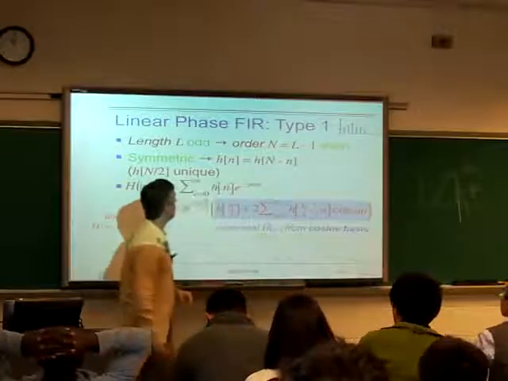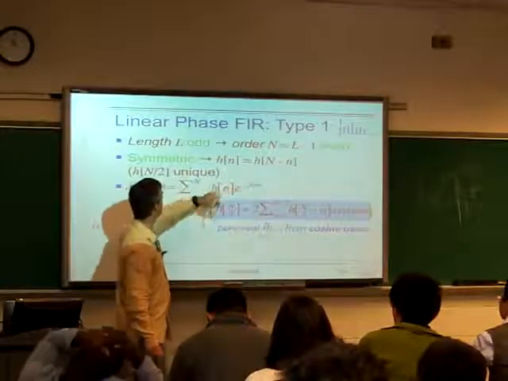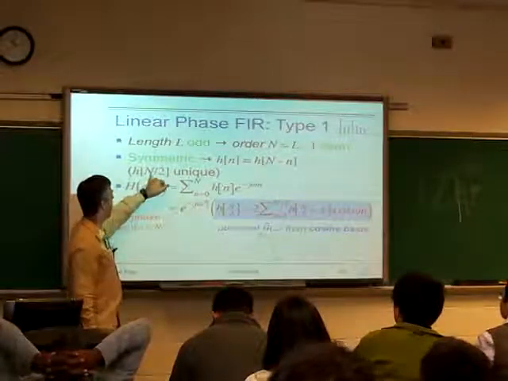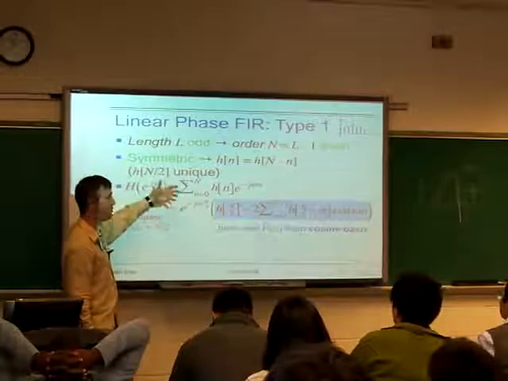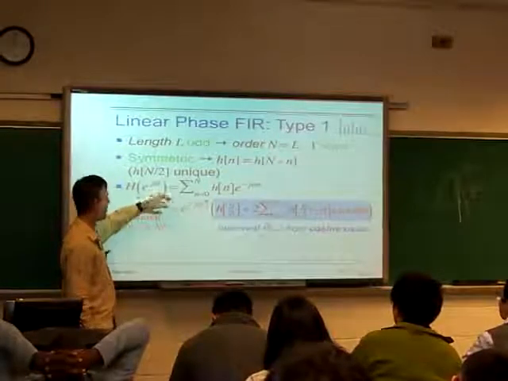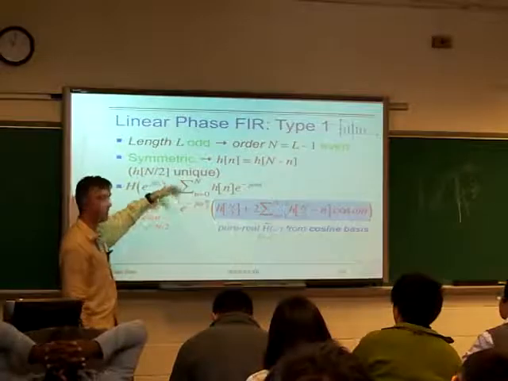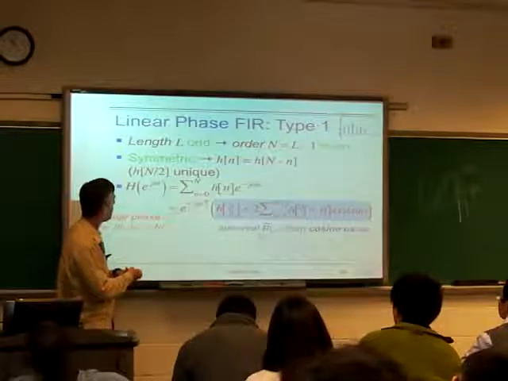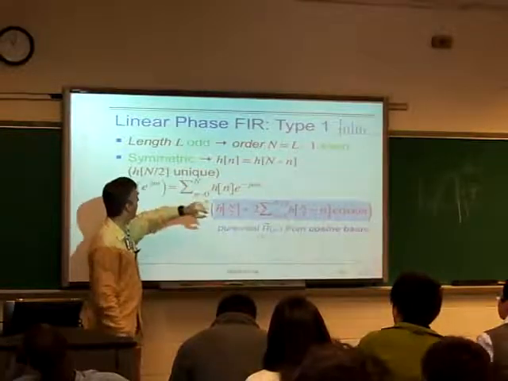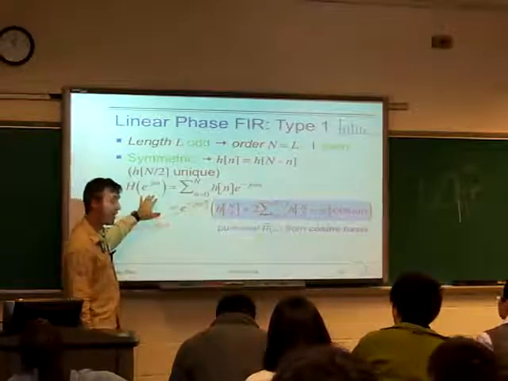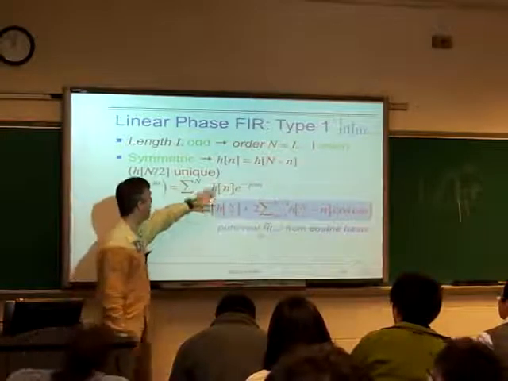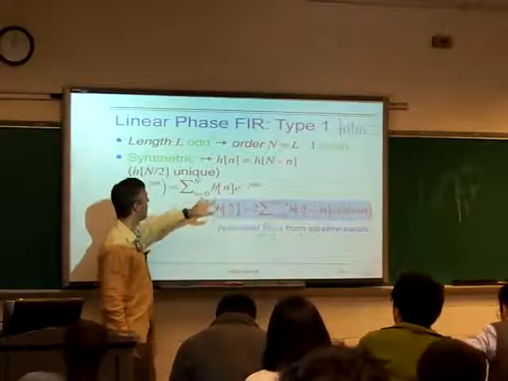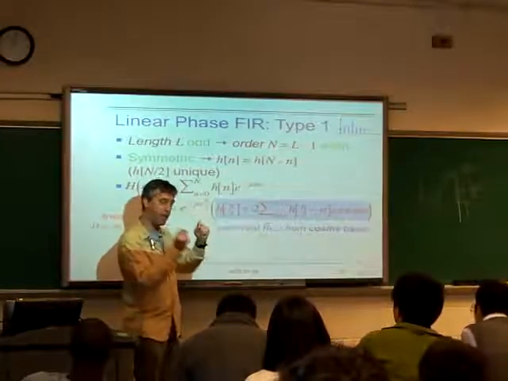And then because N is even, we have N on 2 is an integer, so we have h of N on 2 equal to h of N minus N on 2, which is h of N on 2. So the point in the middle doesn't have a symmetric partner. It's just whatever it is. But with this constraint, we can now think about working out the DTFT. So we can plug this h of n into the DTFT equation here. And the way we can use the symmetry is we can pair each of these points which are the same.